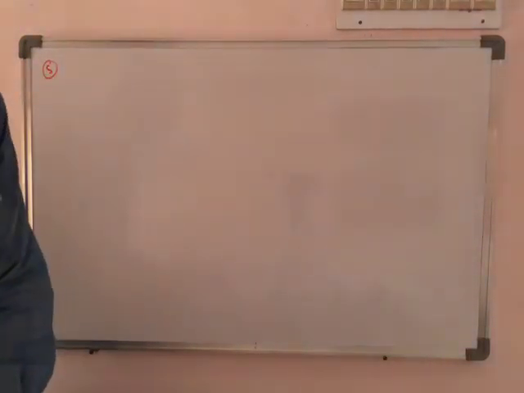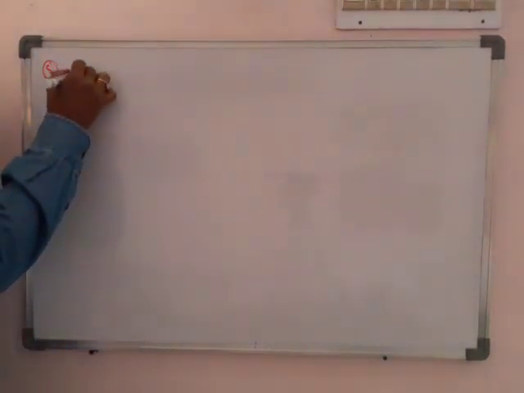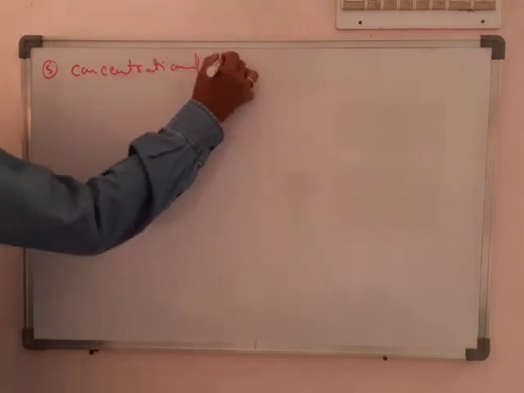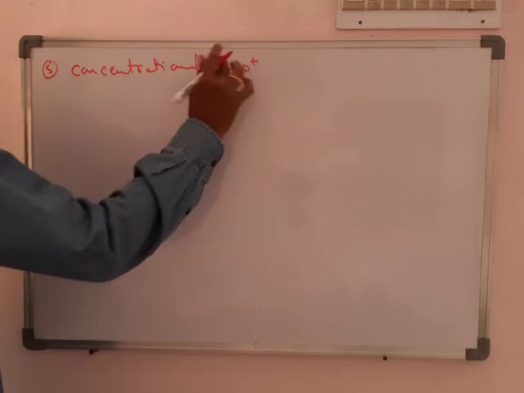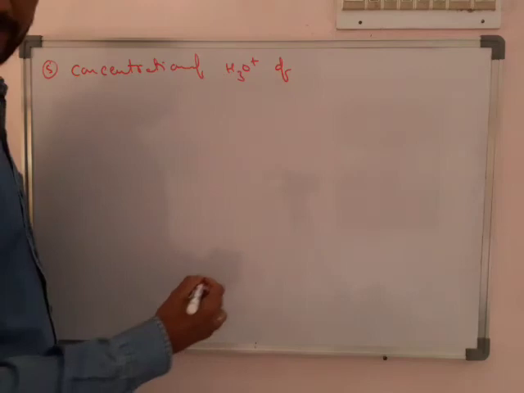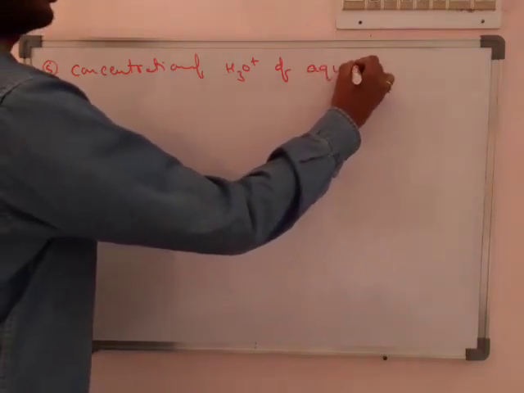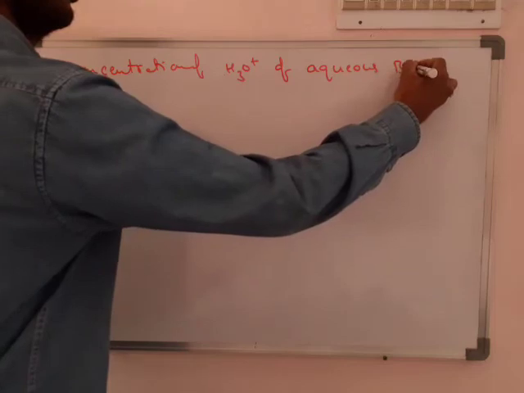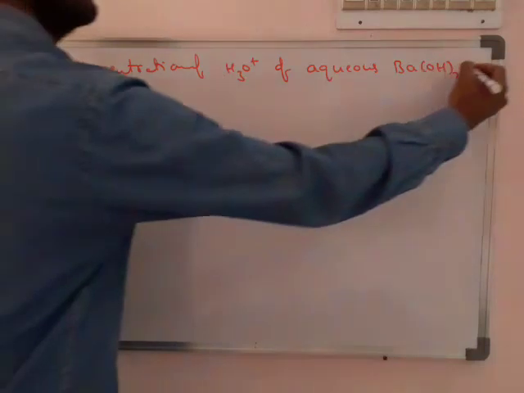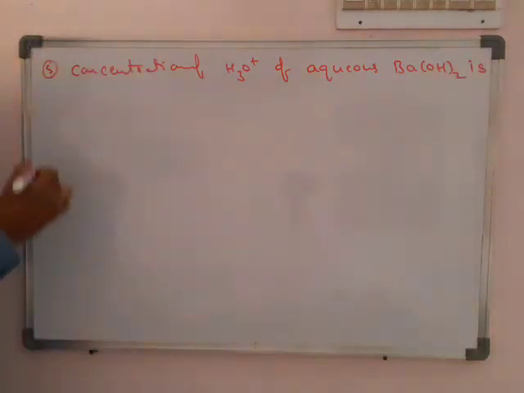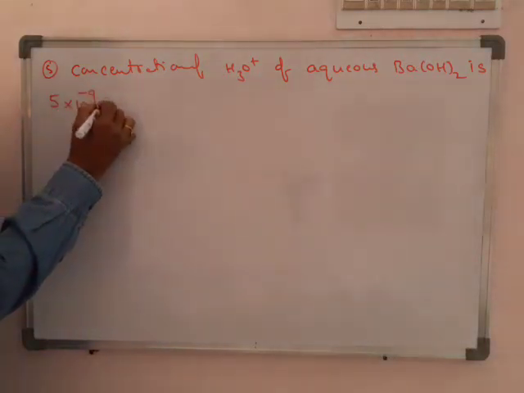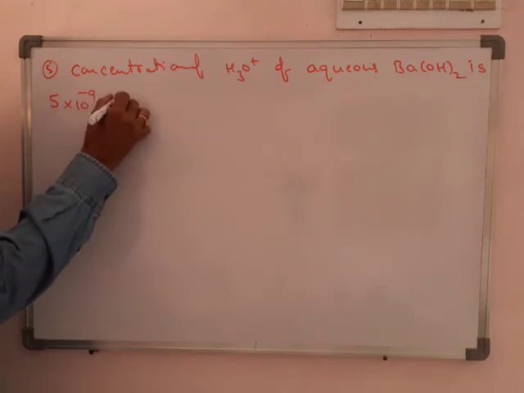So it is given that the concentration of H3O plus ions of aqueous barium hydroxide is given as 5 into 10 to the power of minus 9 moles per liter.